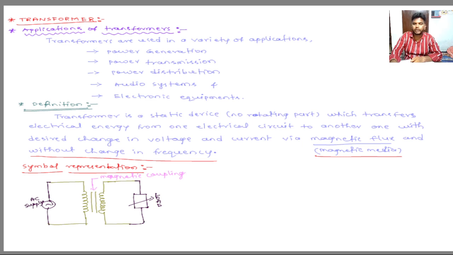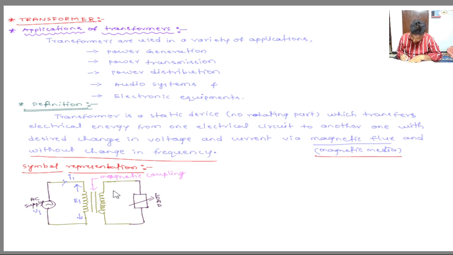The winding which is connected to the supply, we call the primary winding, indicated with P. The supply voltage is V1 and the current flowing is I1. When current I1 flows, there is a self-induced EMF in the primary called E1.